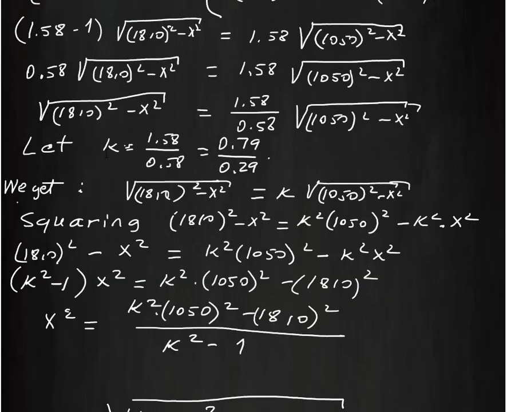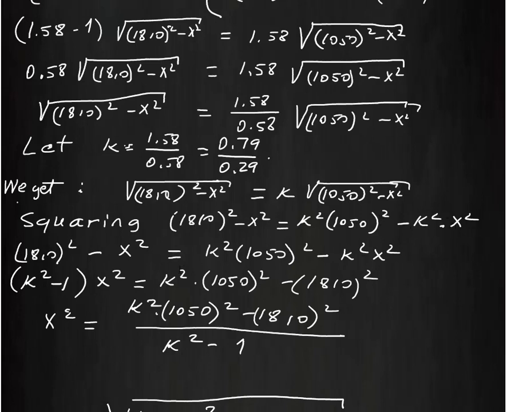Now if we let k be equal to 0.79 over 0.29, we get the square root of 1810 squared minus x squared is equal to k times the square root of 1050 squared minus x squared. Now we square both sides, we get 1810 squared minus x squared is k squared times the quantity 1050 squared minus k squared times x squared.